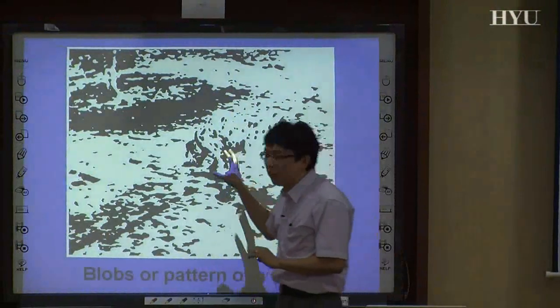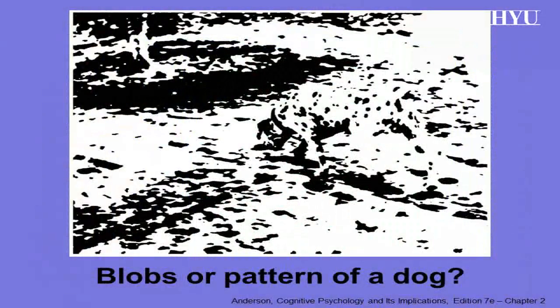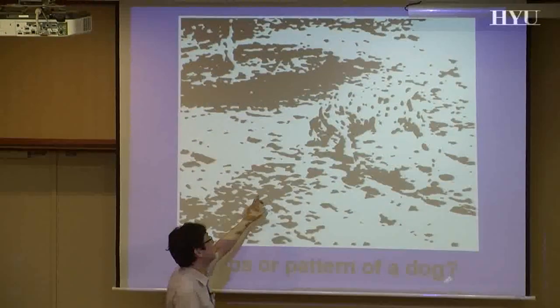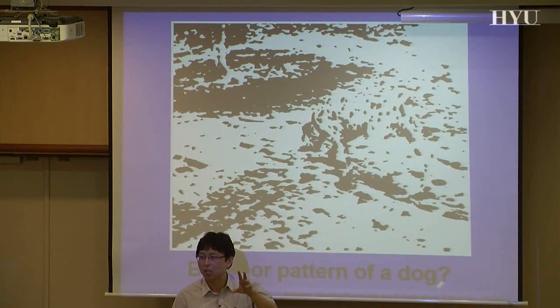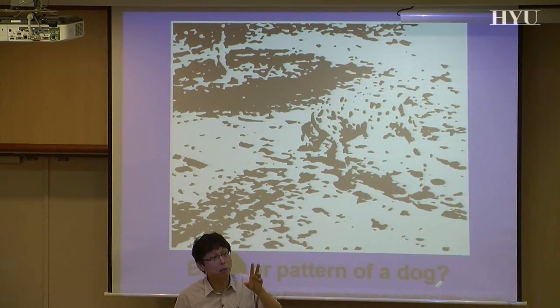This is something we mentioned last week, but this example can also repeat what we just heard from the John Anderson textbook. This one is simply dots and blobs, right? When you see this picture, you retrieve many features in here. But later on, you can recognize this one as a Dalmatian, the dog.